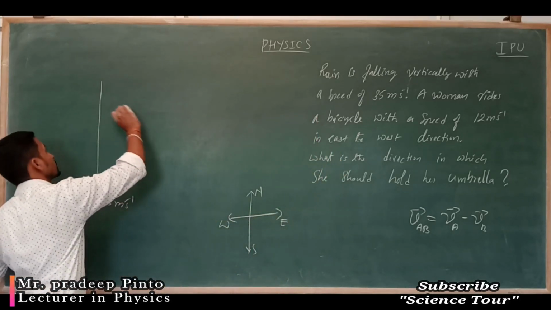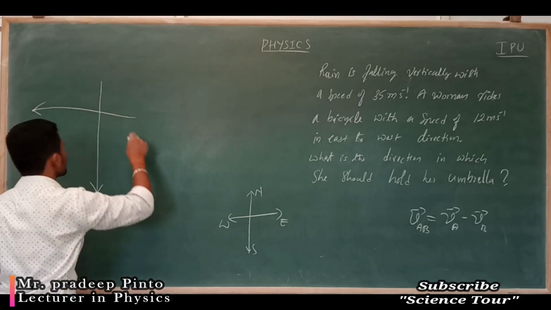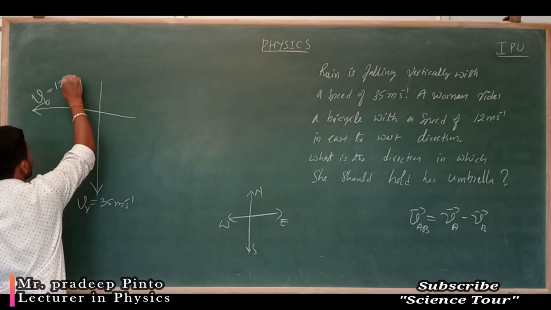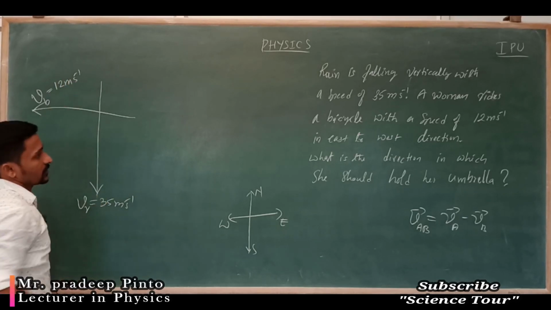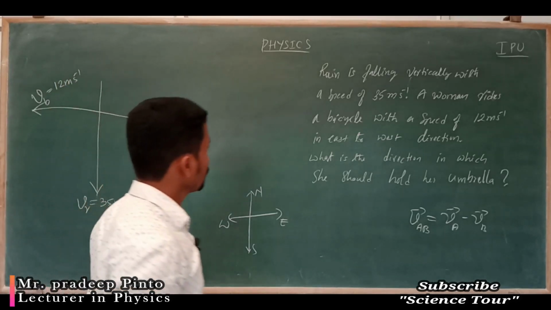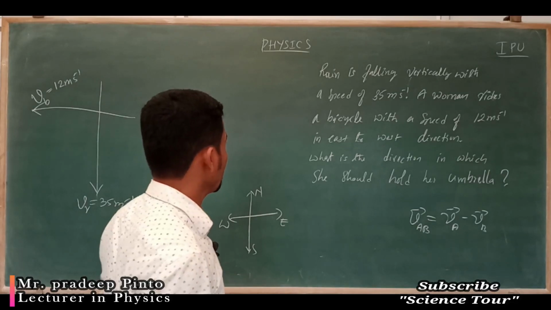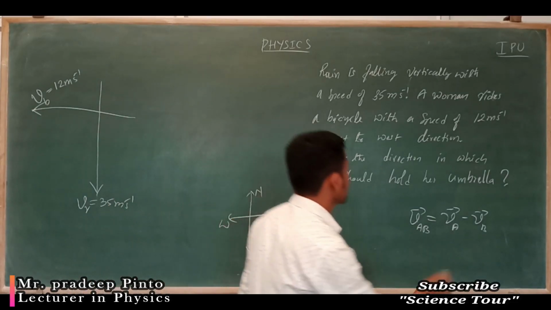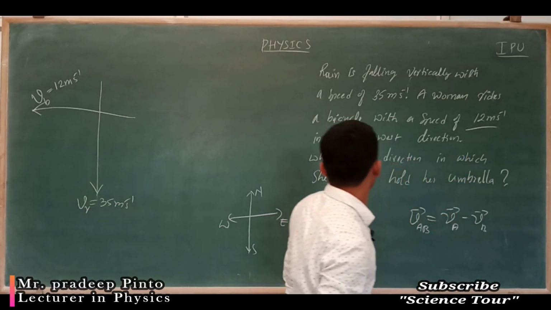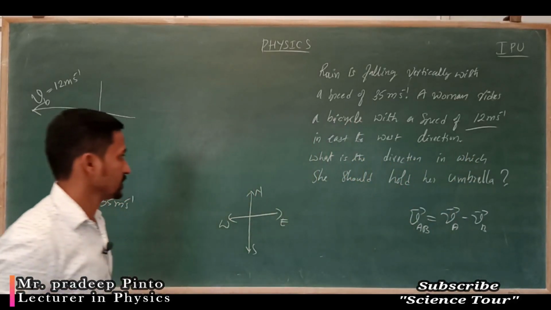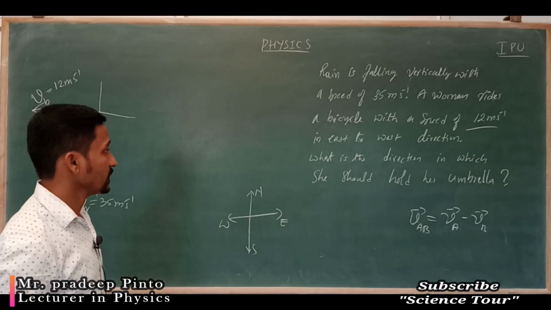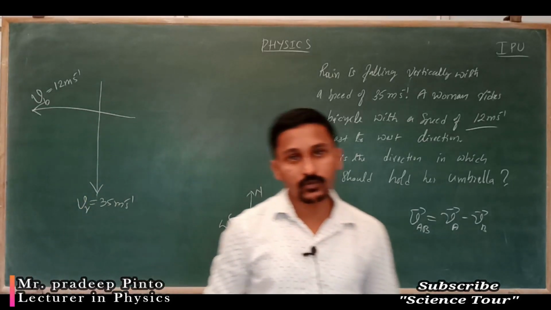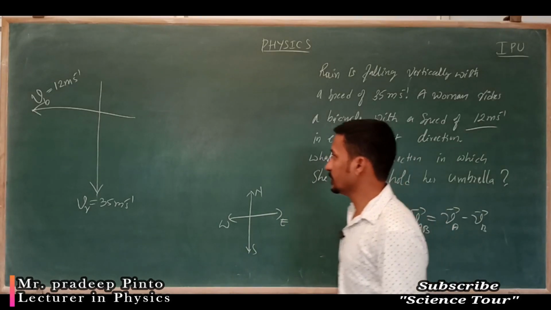The woman rides the bicycle in this way, that is, the velocity of the bicycle is 12 meter per second, in the east to west direction. What is the direction in which she should hold the umbrella?